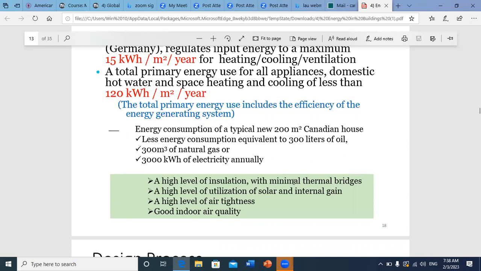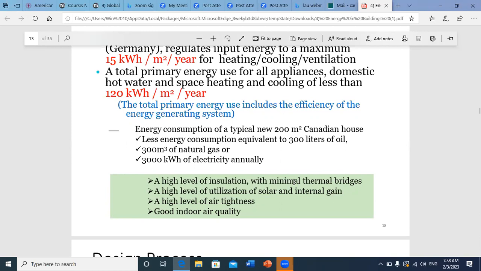Especially in a climate like Canada, you have very low temperature outside. So you need to work a lot on the insulation levels of your envelope to reduce the heating load within your building. Also, a high level of use of solar and internal gain. It depends, of course.